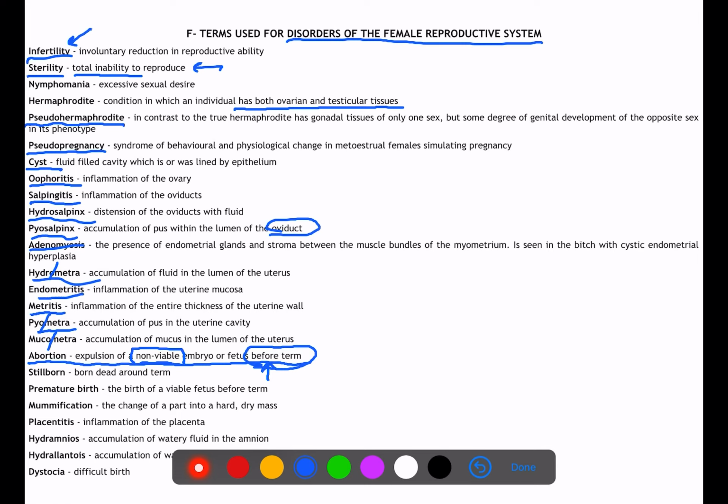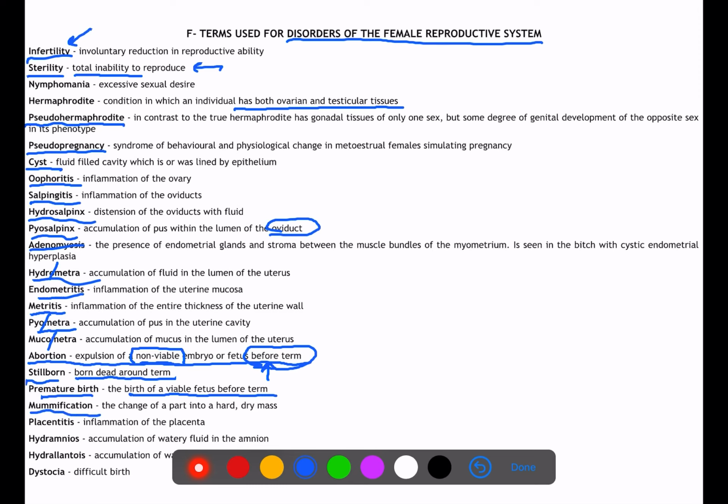In the second trimester, it's called abortion. Stillbirth is birth of a dead fetus: when the pregnancy time is finished and maturation occurs, a dead baby is born. A premature birth is a birth of a viable fetus before term.